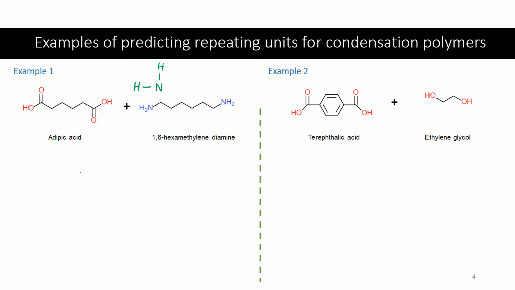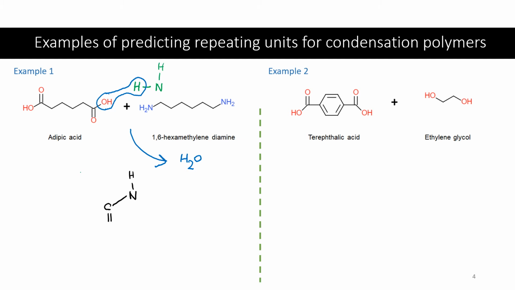what happens is this OH of the carboxylic acid functional group will grab one of the hydrogens in amine, and it will leave as a water molecule. So water is the small molecule produced in this condensation reaction, and you're going to have an amide bond.